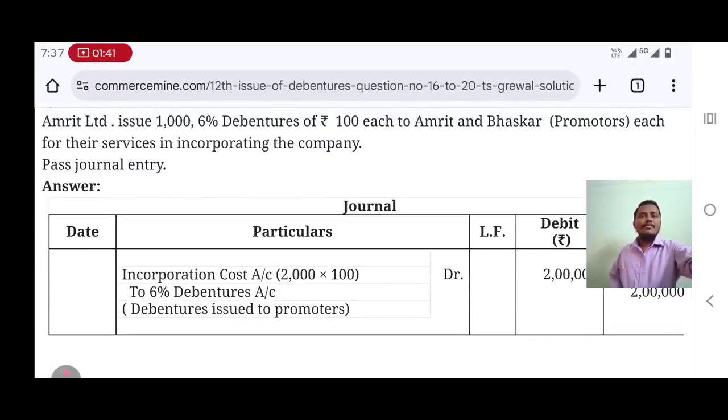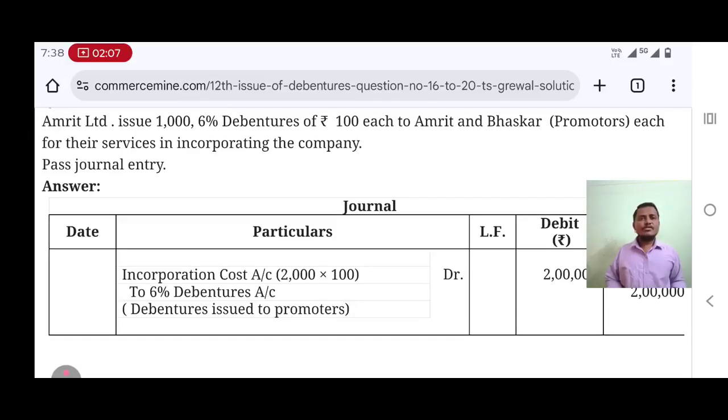Here, Amrit Limited issued 1,000 6% debentures of 100 each to Amrit and Bhaskar, each for their services in incorporating the company. If you are paying any payment to the promoters, you should call it incorporation expenses.